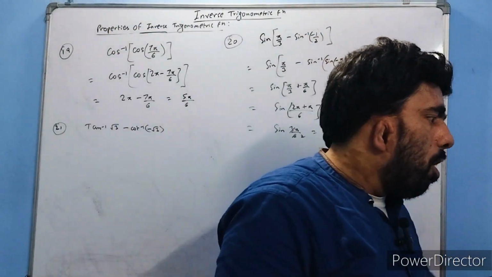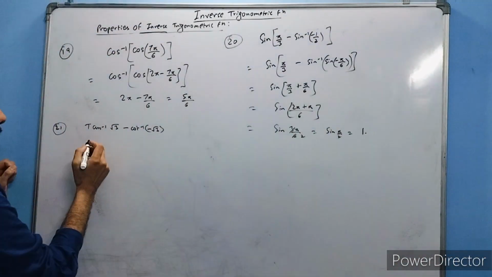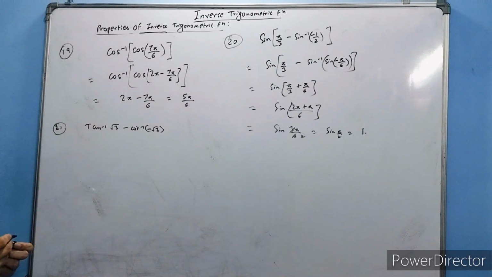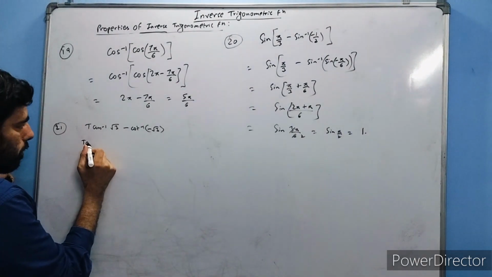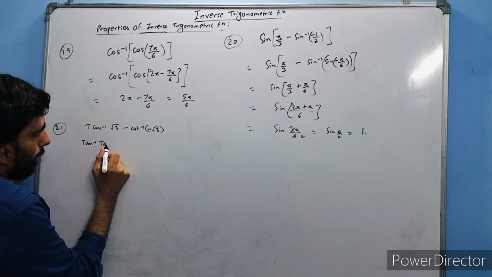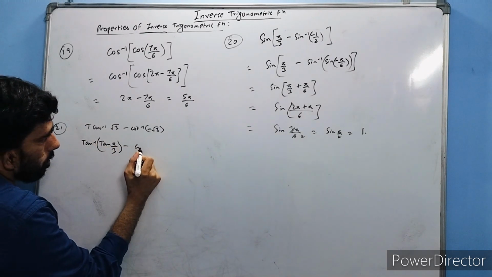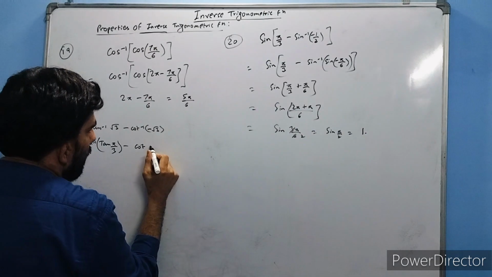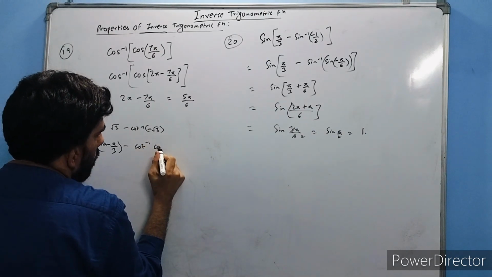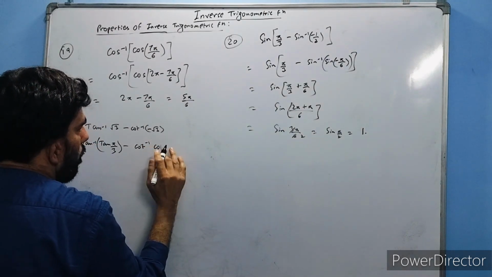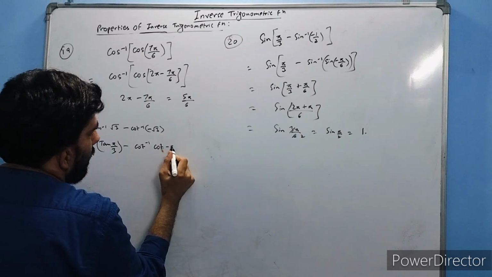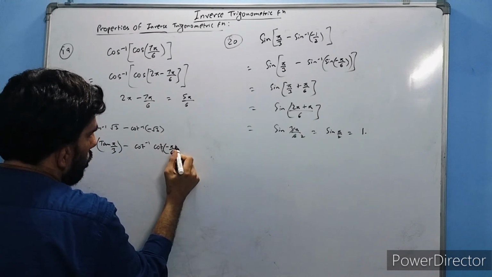What we can do here is write tan inverse root 3 as pi by 3, minus cot inverse of minus root 3, which is cot inverse cot of minus pi upon 6.